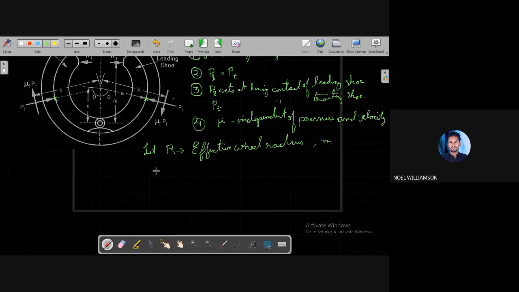Then small r is the brake drum radius, also in meters.